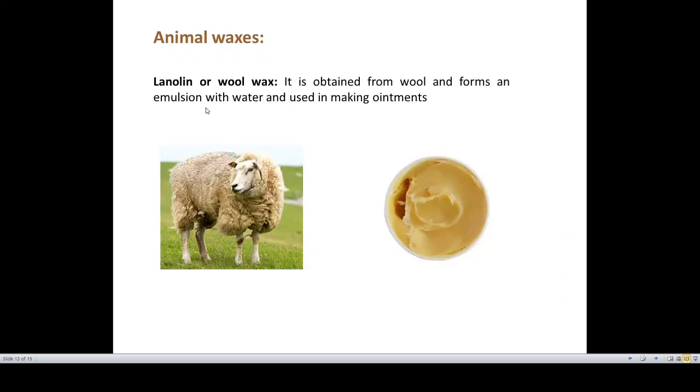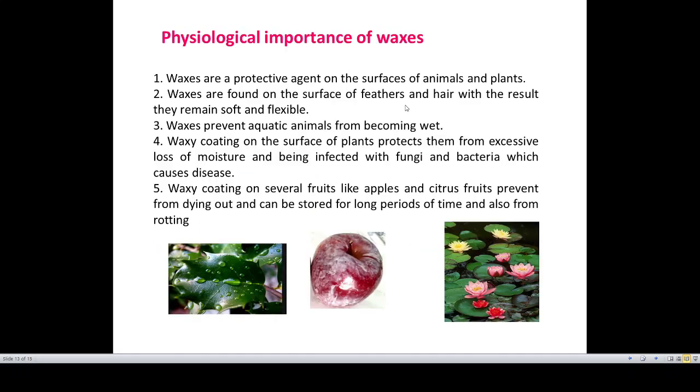Coming to the other example of animal waxes, lanolin or wool wax is obtained from the wool of the sheep and forms an emulsion with water, and hence it has an application in the preparation of ointments.